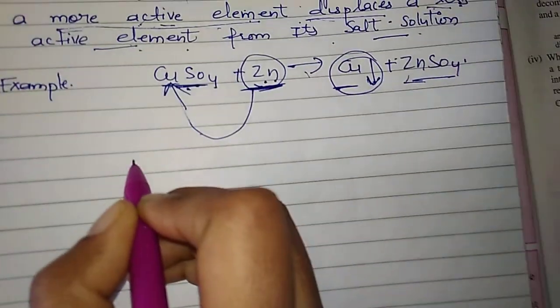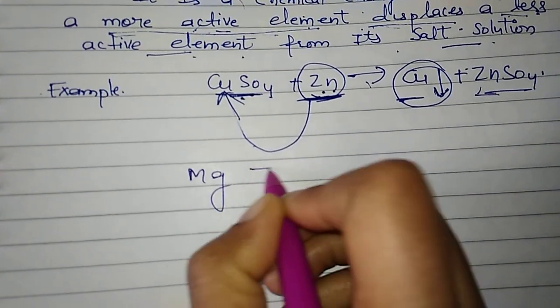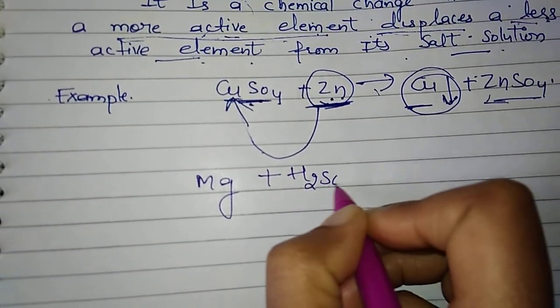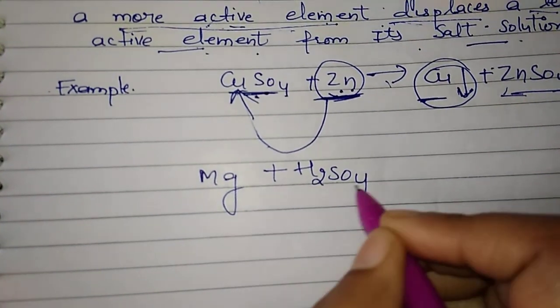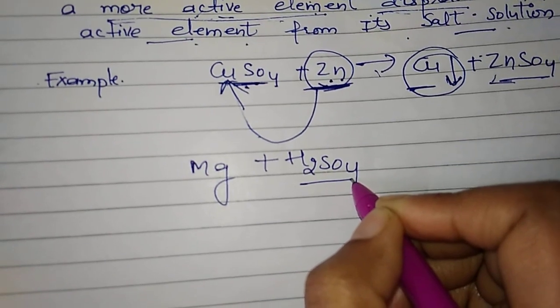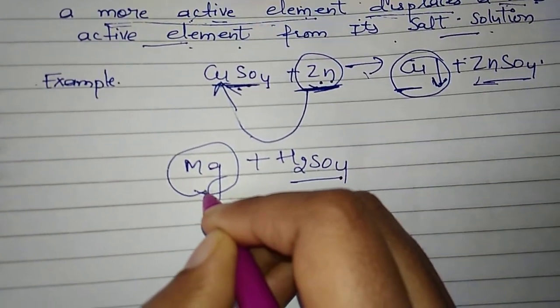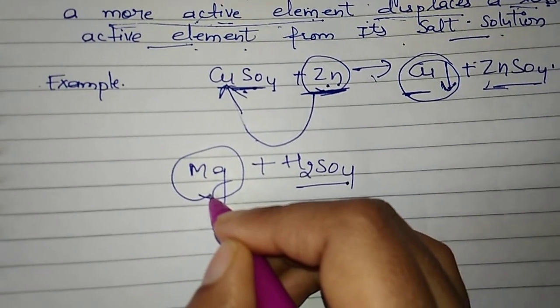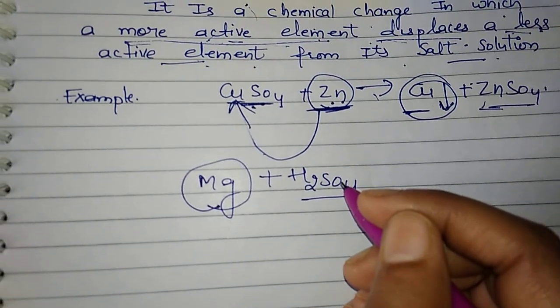One more example, you can see magnesium plus H2SO4. In a test tube, take some dilute sulfuric acid. This is dilute sulfuric acid. Drop in a small piece of magnesium ribbon. Brisk effervescence takes place. What is effervescence? We already discussed.